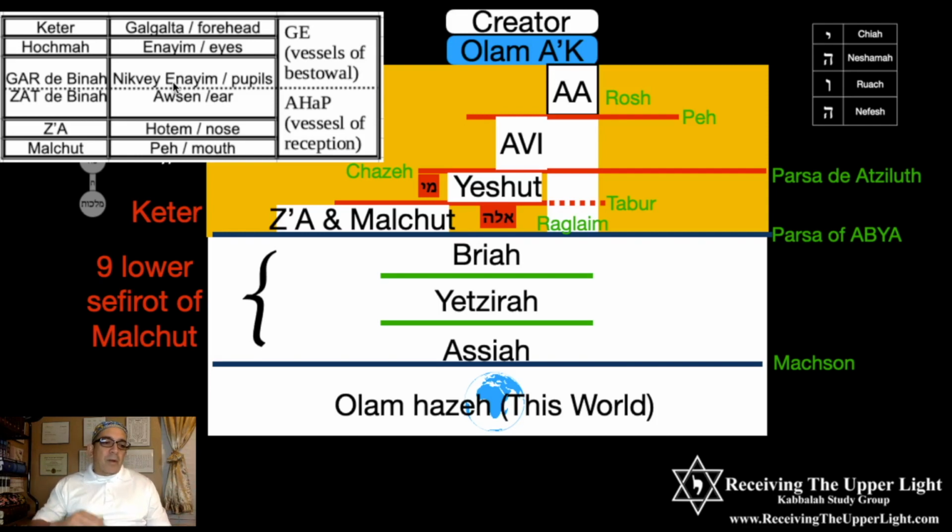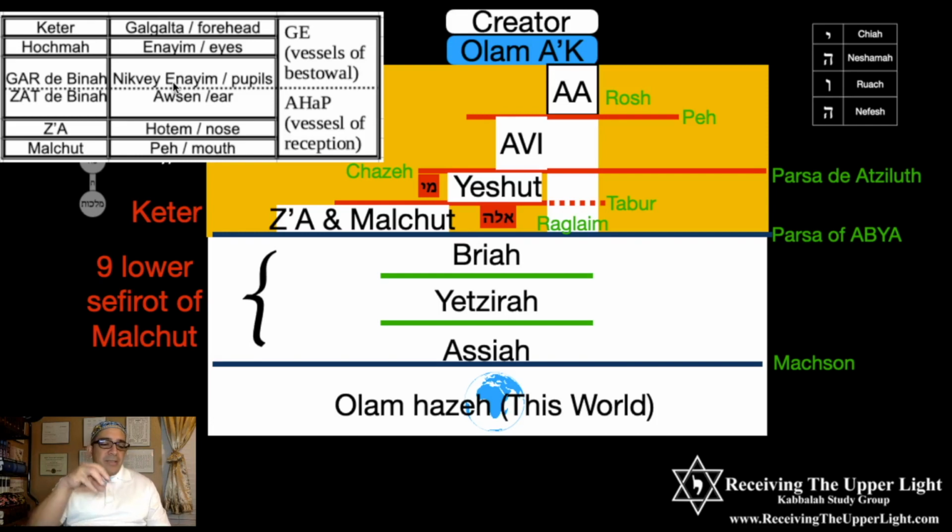Now, when Malchut ascended and stood together in this area where AVI is, in Nikvei Eynayim and Chazeh, Malchut is called, and remember this word, write it down, Manula. Manula means lock. And this lock prevents the light from spreading down below, as mentioned below.